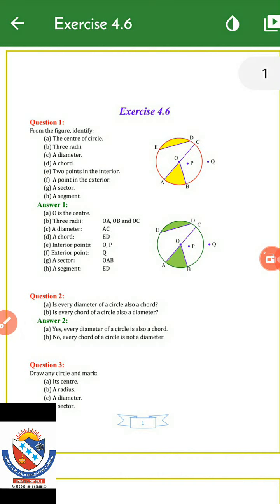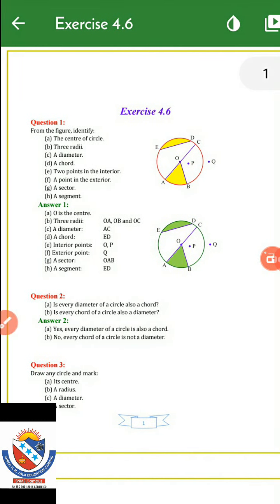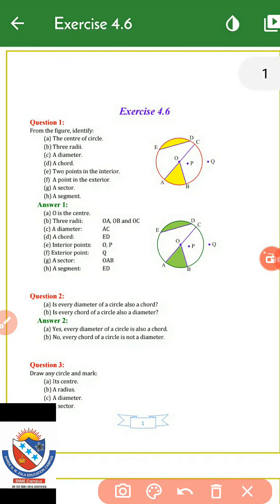Exterior means outside of the circle, the points lying outside of the circle. So here you can see point Q is lying outside the circle, so it is a point in the exterior of the circle, point Q.